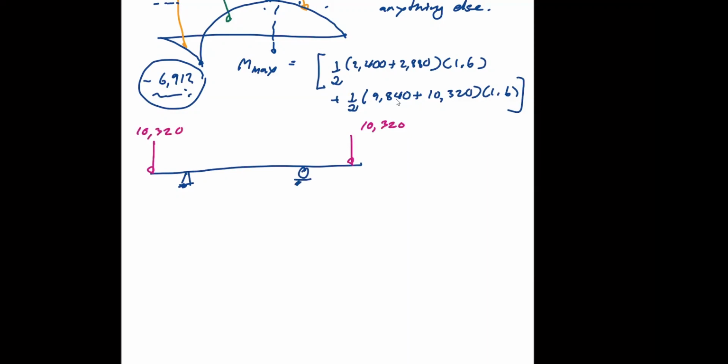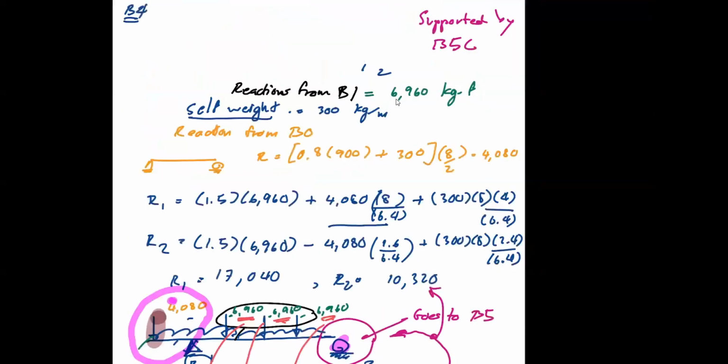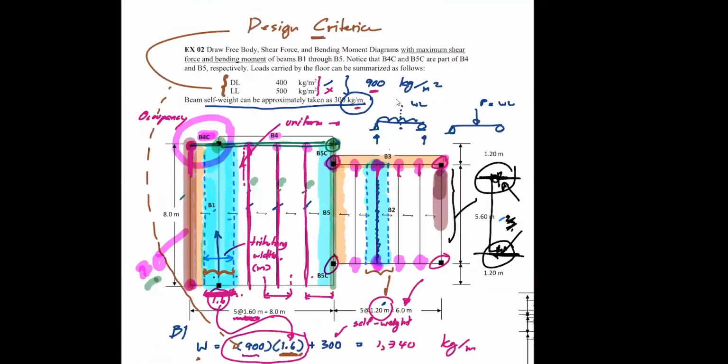And then you would have the blue uniform load from the area on the left, this one, that is 0.8.